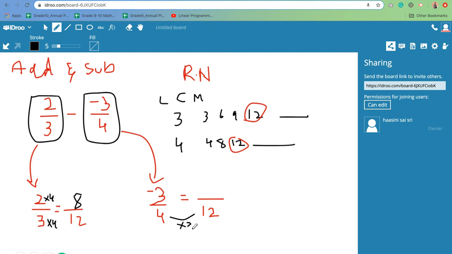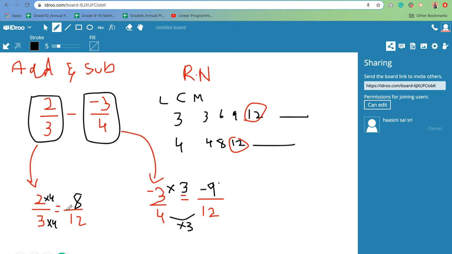So even the numerator will be multiplied with 3. But remember that the numerator has an integer. So how am I going to do integer multiplication? 3 into 3 will be 9. Now this is negative, this is positive. If a number doesn't have any sign in front of it, it's a positive number. So negative into positive is negative.